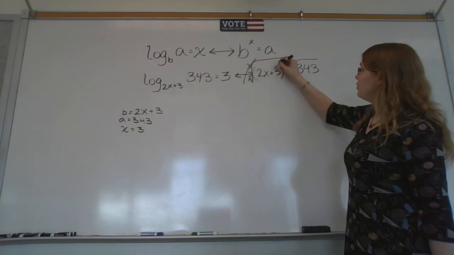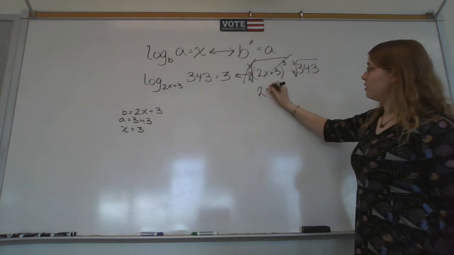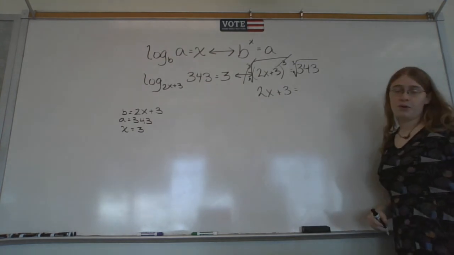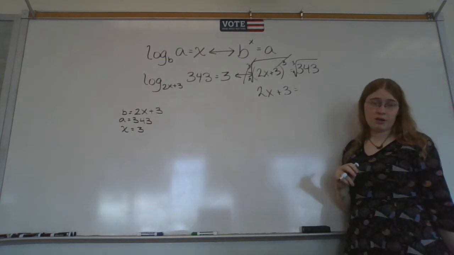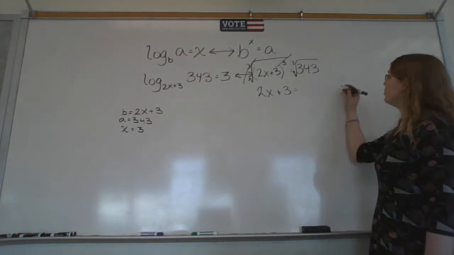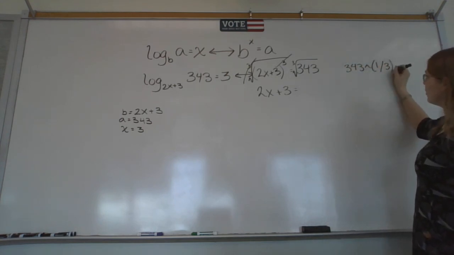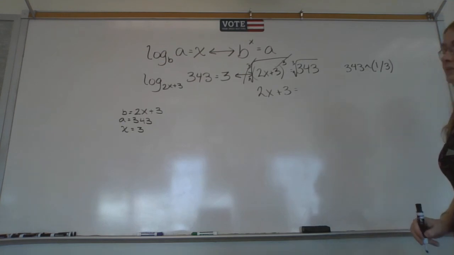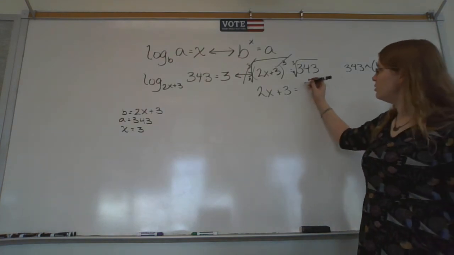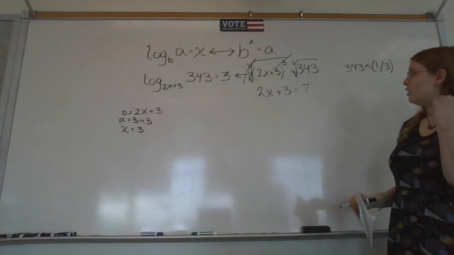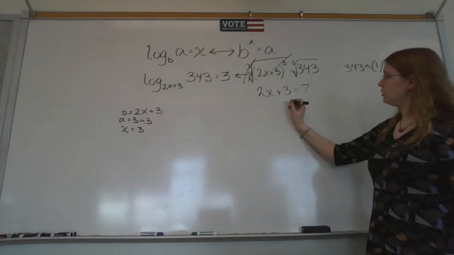So cube root and cube cancel out, and you're left with just 2x plus 3. Cube root of 343, probably want to do that in the calculator. Remember, you can write it as 343 to the power of 1/3. And you should get 7. Now I've just got a lovely familiar two-step equation.